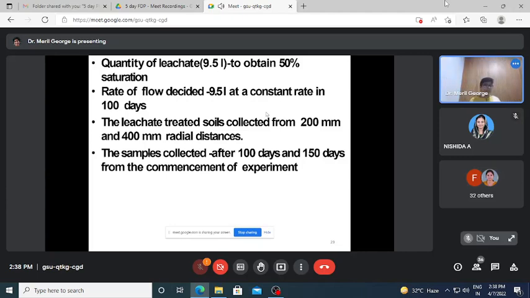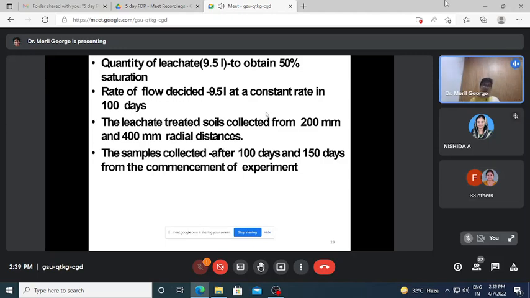After 100 days, the leachate-treated soil, that means soil affected by this leachate, was collected from two positions, at a radial distance of 200 millimeter and 400 millimeter from the point of application of leachate, that means from the center of the tank.